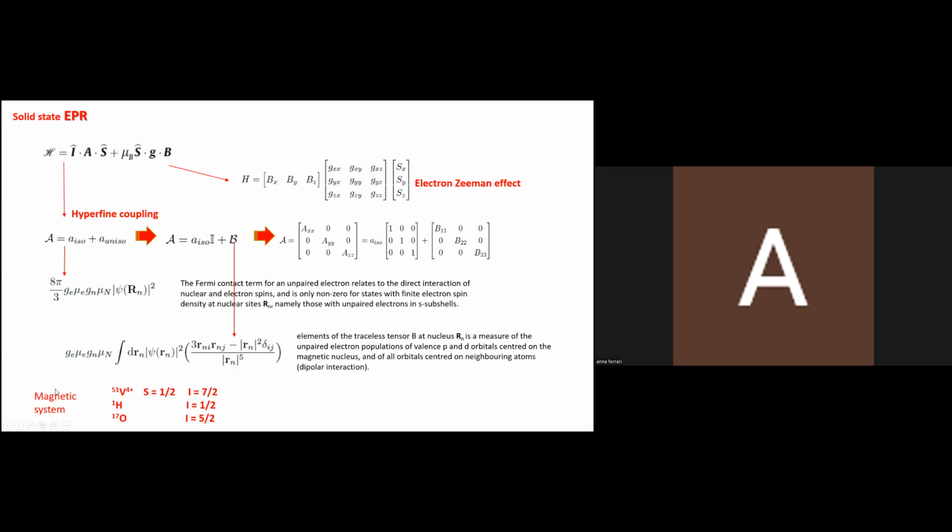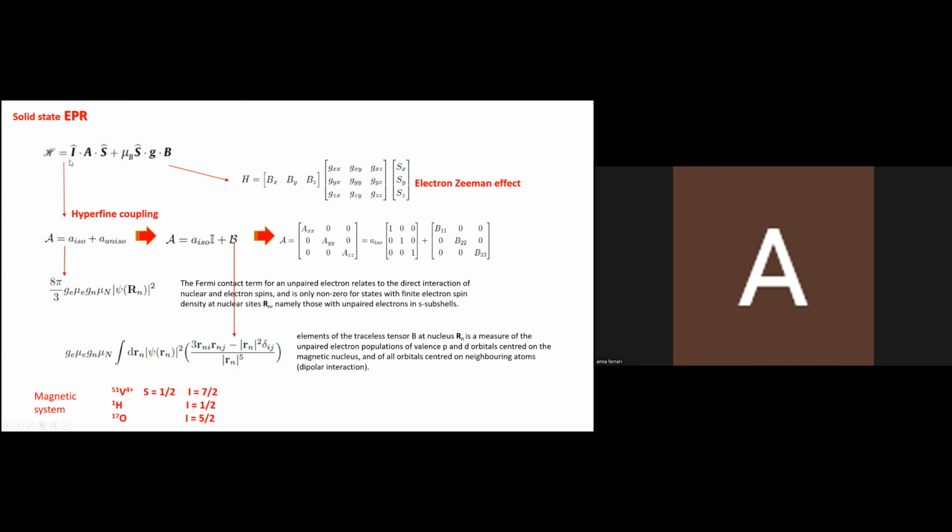This is relevant because our system is magnetic. We have vanadium 4+ with one unpaired electron, so the electron spin is 1/2. But we also have nuclear spin: vanadium, hydrogen, oxygen.